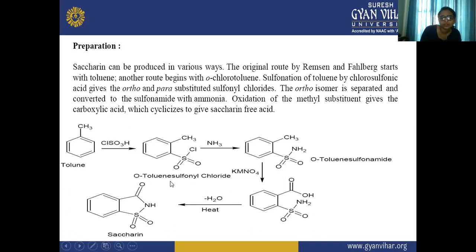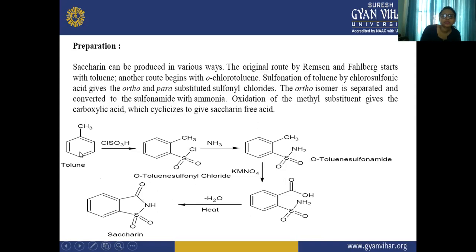Sulfonamide, because here SO2NH2 is attached to the ortho position of this toluene, and then it is oxidized with KMnO4. After oxidation there is the addition of COOH. The methyl substituent gives the carboxylic acid. After that, there is a removal of a water molecule, OH and H from the NH2, and there is formation of your saccharin. This is saccharin free acid. Since the acid is removed from here, it is known as saccharin free acid.